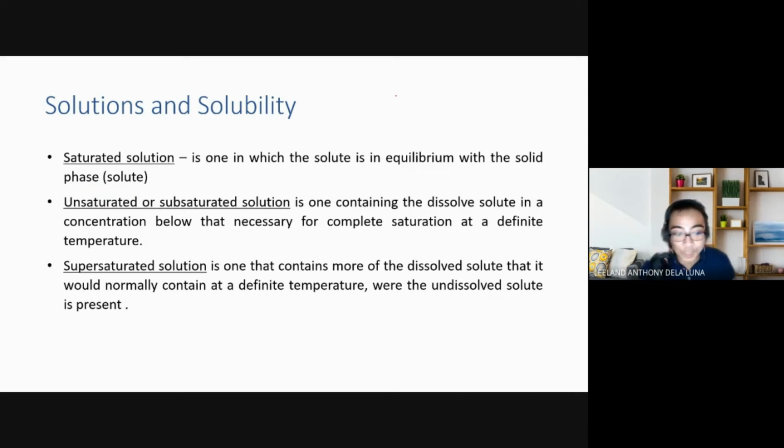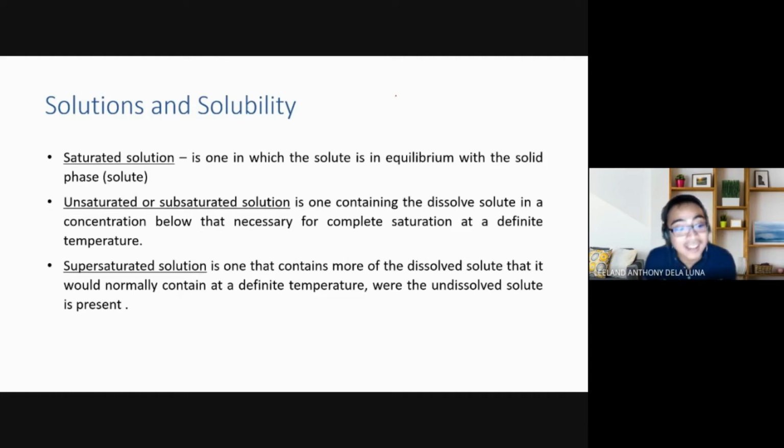Once na-reach mo ang limit na yon, sakto ka doon sa limit na yon, we call the solution saturated. Ibig sabihin, sakto na. Sakto na yung amount of solute na kaya niyang i-dissolve nung solvent mo, at a specified temperature, pressure, and volume or amount of the solvent.